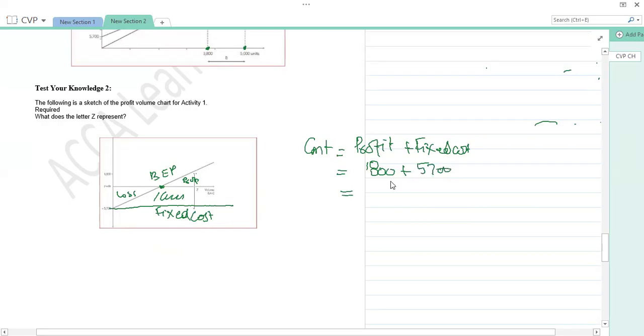You will get your contribution, which is equal to 7,500. This is all about the single product break-even chart.